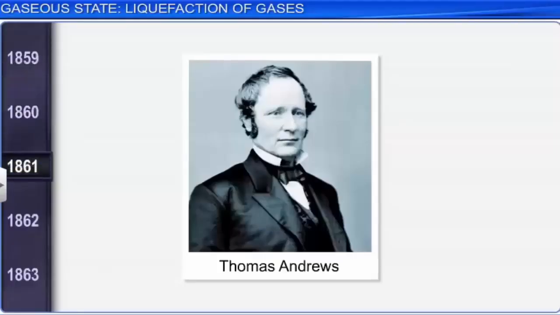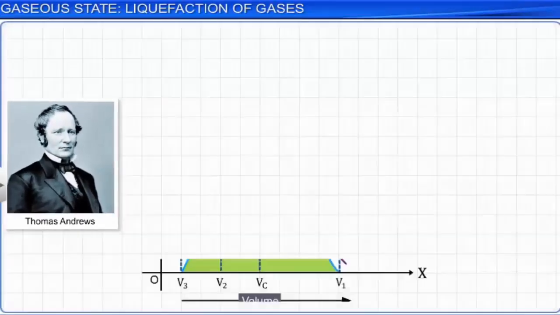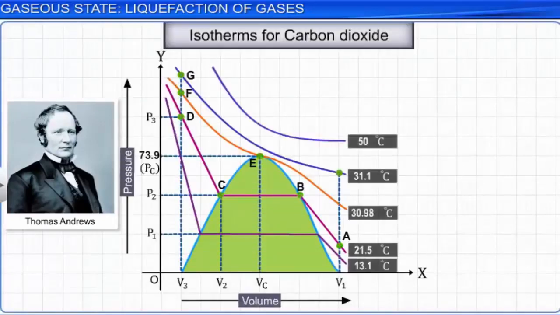In 1861, Andrews studied these critical phenomena of carbon dioxide. In his experiments, he studied the effect of pressure on volume at different temperatures for carbon dioxide. He plotted this variation in volume and pressure at constant temperature, called isotherms, as shown in the graph.